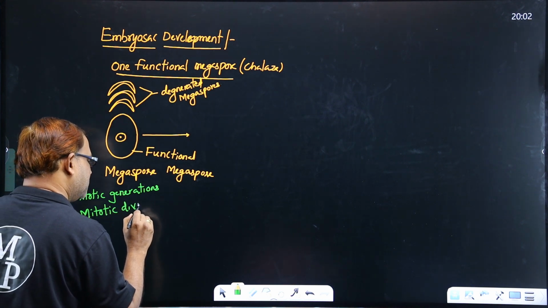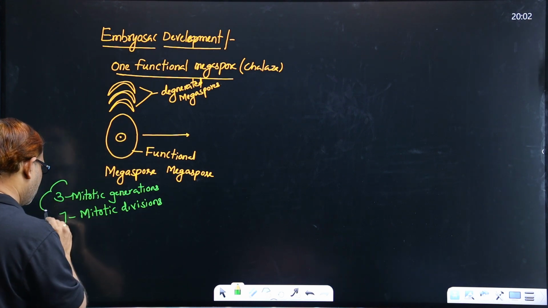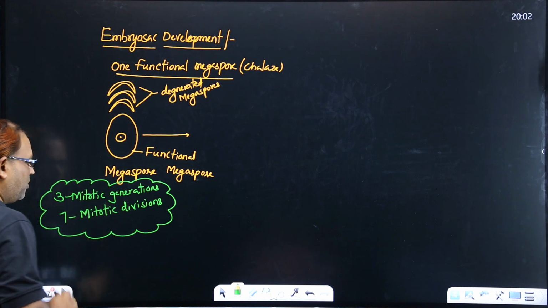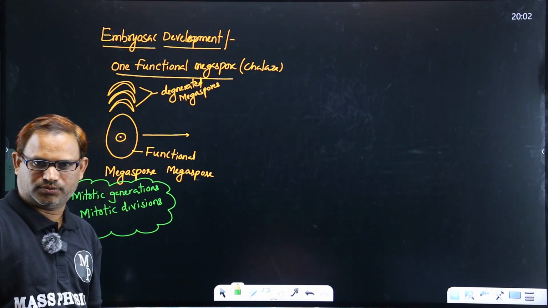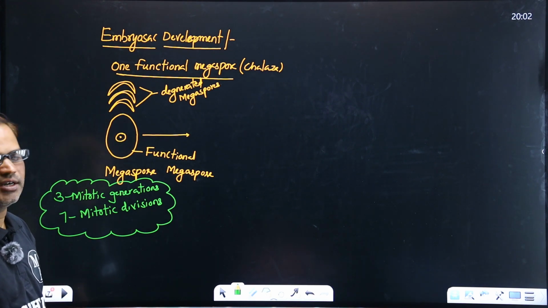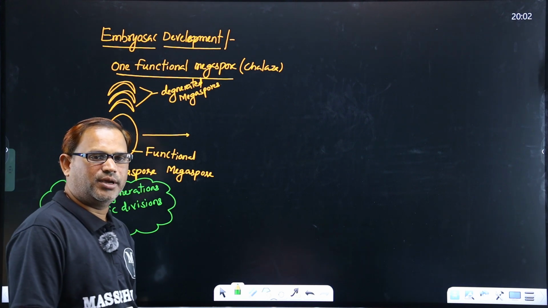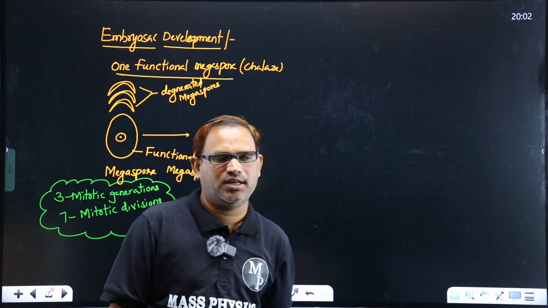For the formation of one embryo sac from a functional megaspore, 7 mitotic divisions are required, and 3 mitotic generations are required.